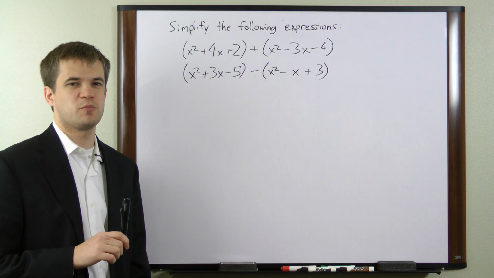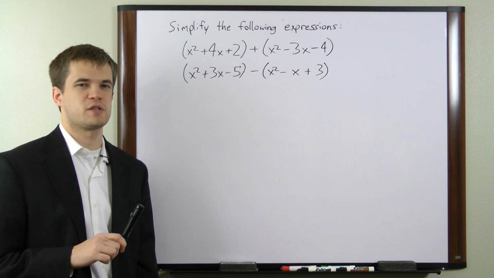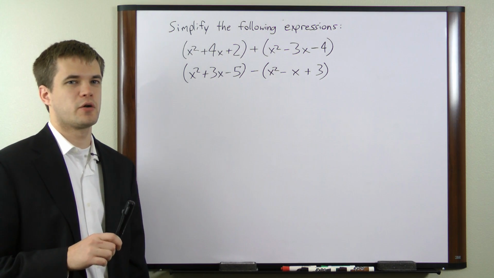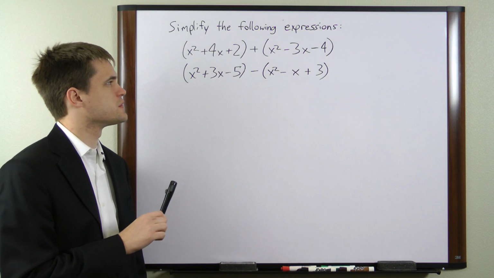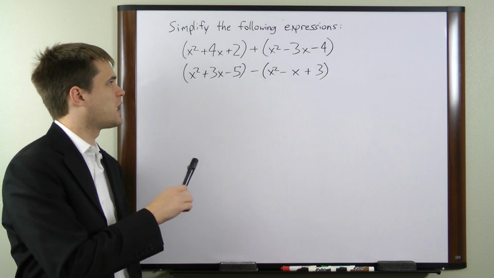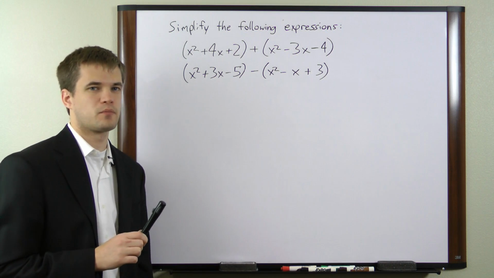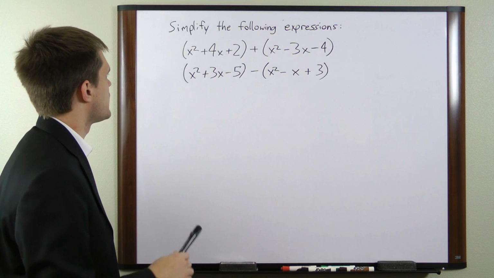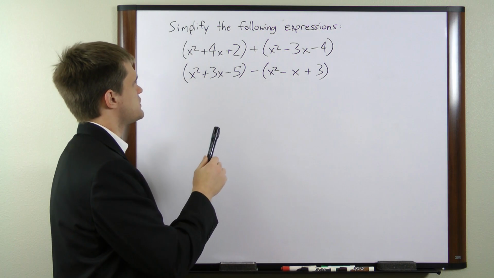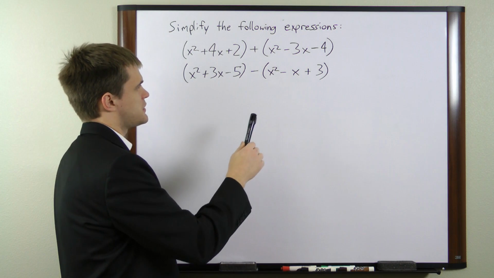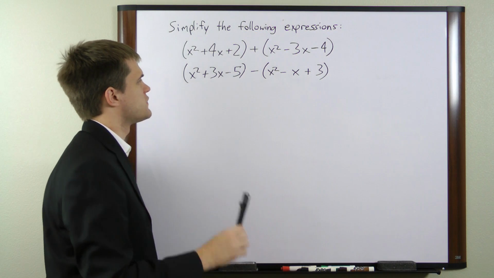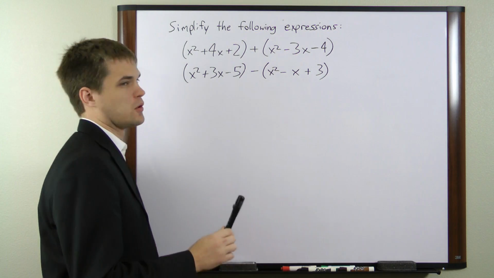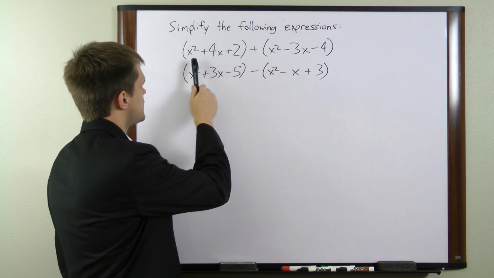Here we're asked to simplify a pair of polynomial expressions. Now the keys here are going to be to group like terms and to carry through the signs when adding or subtracting. In the first example, we have x squared plus 4x plus 2 plus x squared minus 3x minus 4. So we're going to group our like terms together.